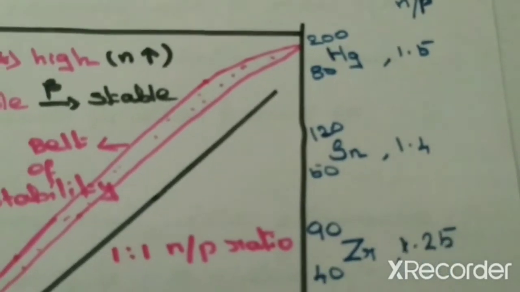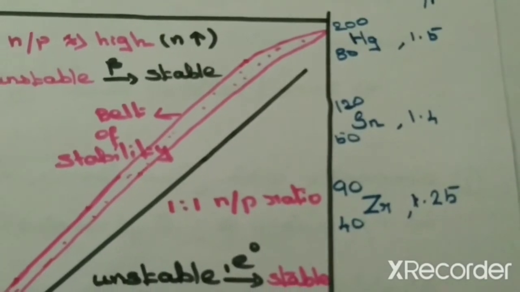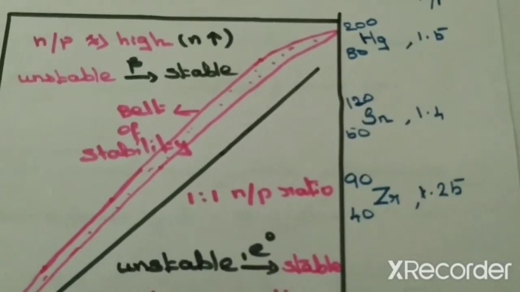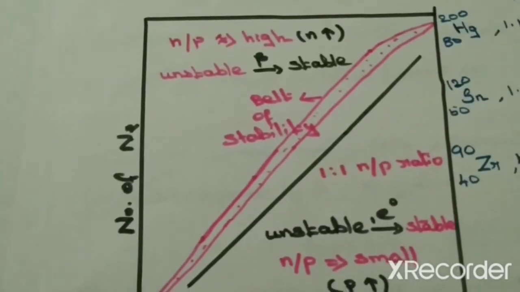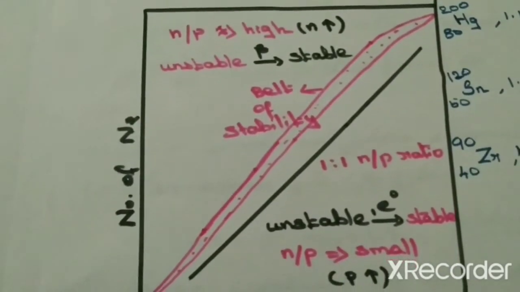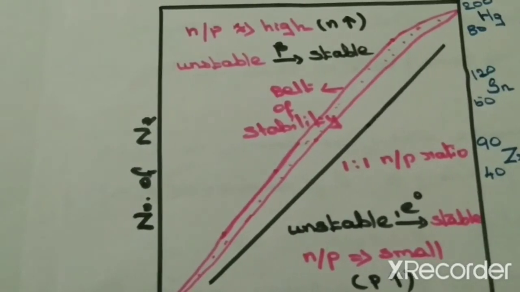So the elements up to atomic number 80 are known as stable elements, or otherwise called non-radioactive elements.